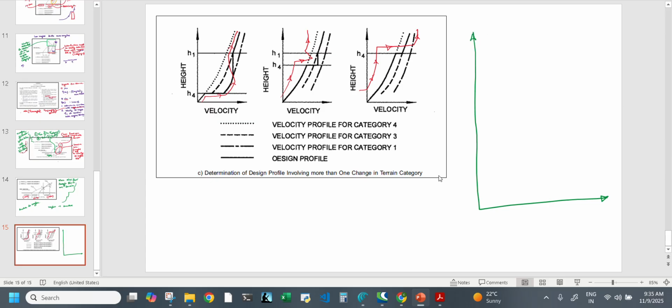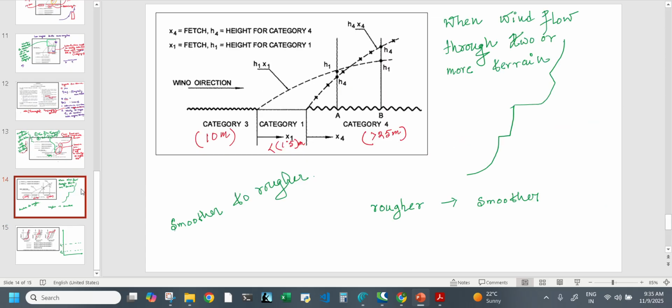Suppose this is the graph, and this is height. Just look at this picture.